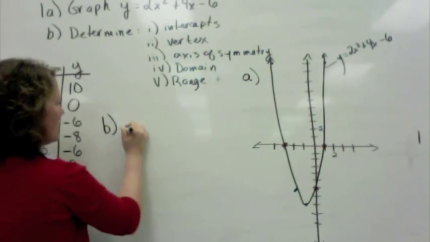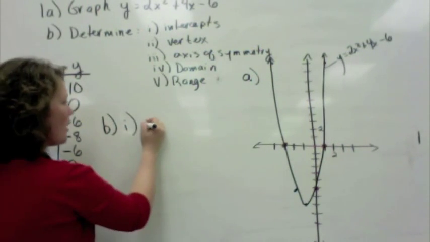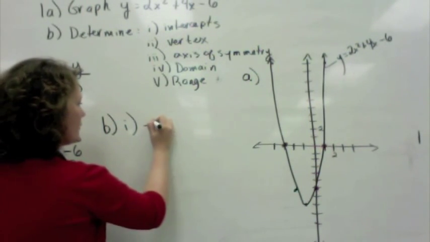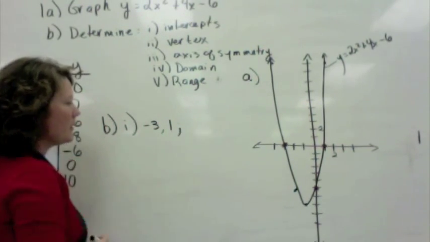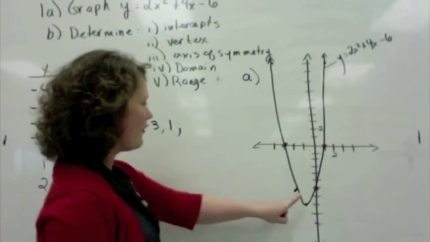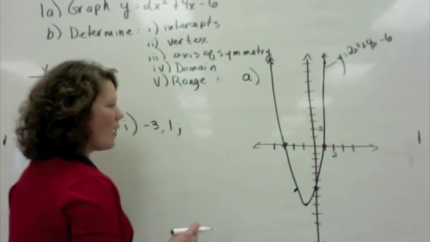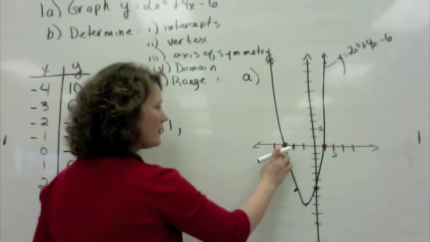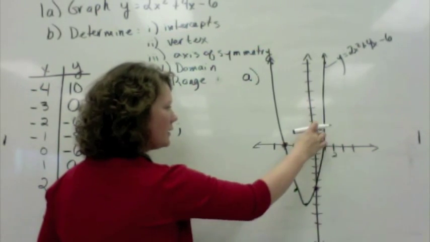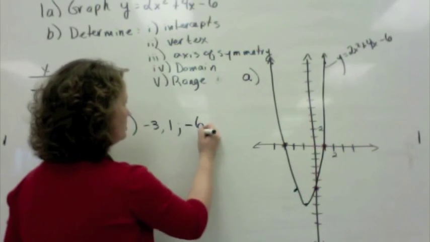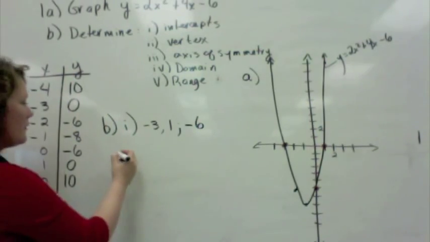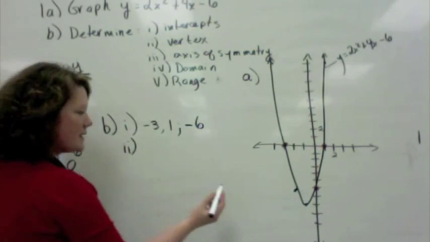B, I, the intercepts are -3, comma 1. Then I put a semicolon, and then I follow with my y-axis. So this is -3 and +1. This one is -6.